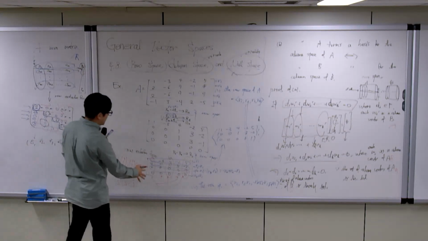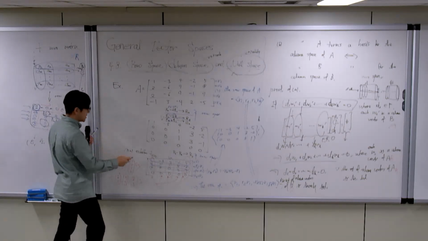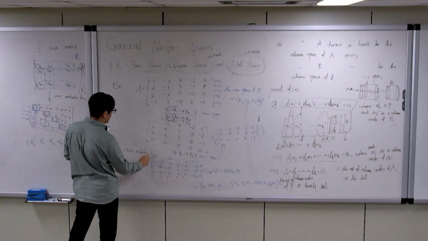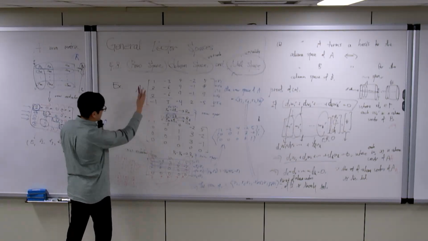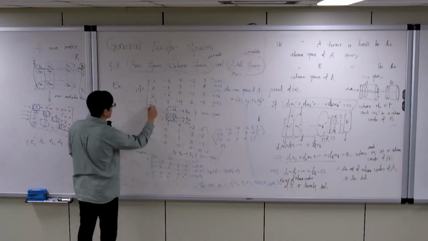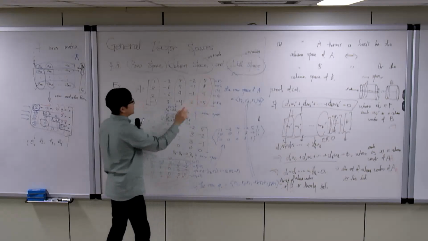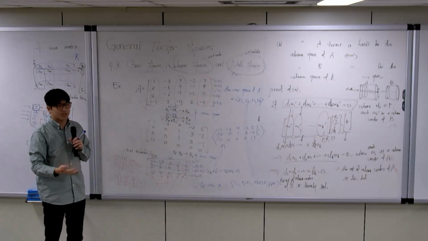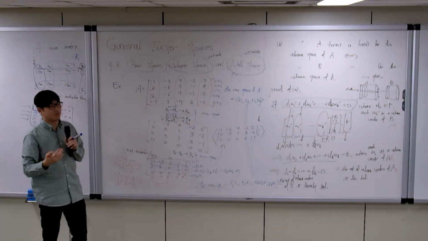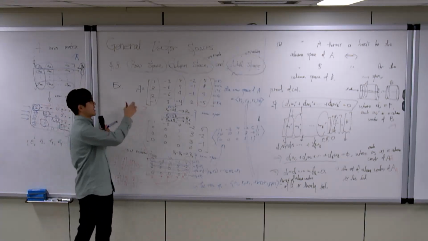And we didn't change the columns. Since we didn't change the columns, the first, third, fifth columns will form a basis of the column vectors of A.